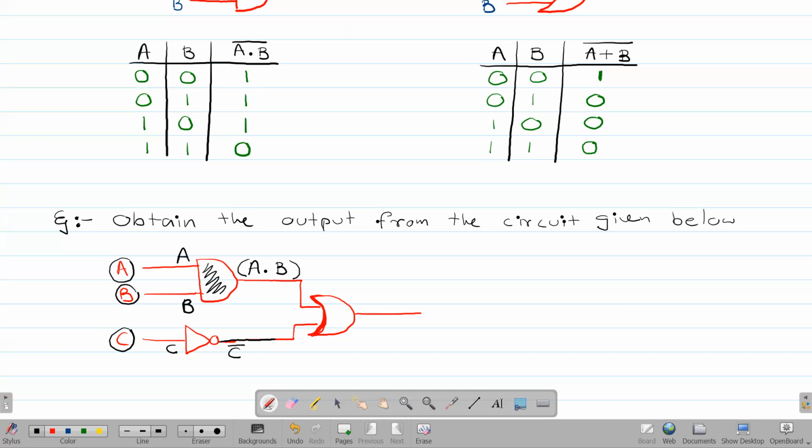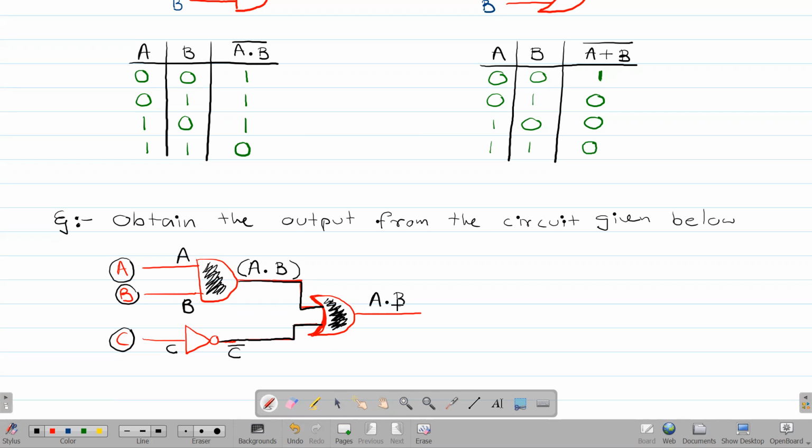Now, C bar is going to flow as one input, and A dot B is going to flow as another input to the OR gate. This is an OR gate. You don't need to color the gates like this, right? I'm just doing that for the explanation purpose. So what does the OR gate do? It adds the things that it receives. So what are the things that it receives?